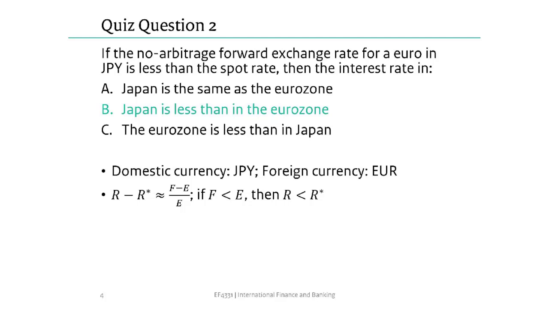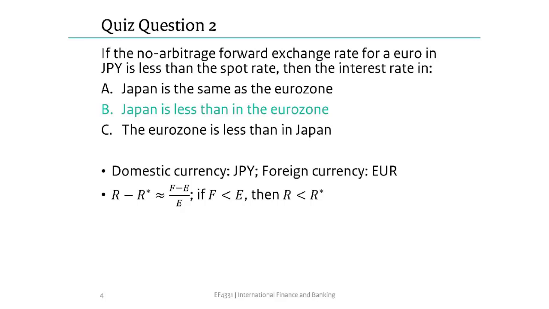And we know from class that we can approximate the UIP, or the CIP relationship with the following expression. And given that F is less than E, the spot rate, as stated here, we know that this entire expression here is negative, and therefore the right-hand side also must be negative.